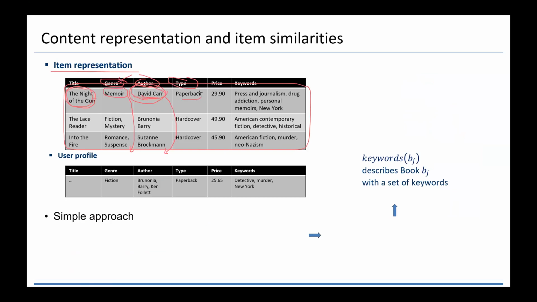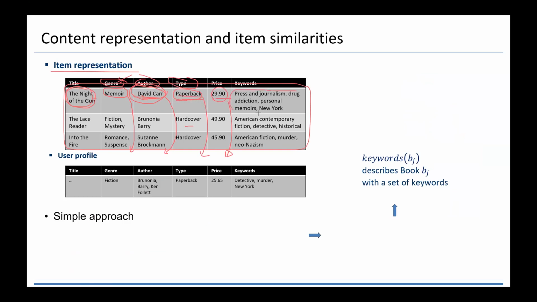Or maybe about paperback or hardcover, because the person likes books in paperback, maybe in the future the person also likes books of the paperback type. Or maybe we can also look at the price. If someone likes a book with a price lower than $30, for example, then in the future he may also like books with a price less than $30.